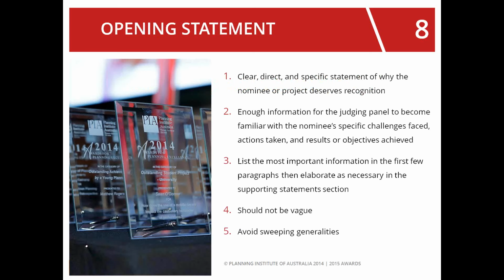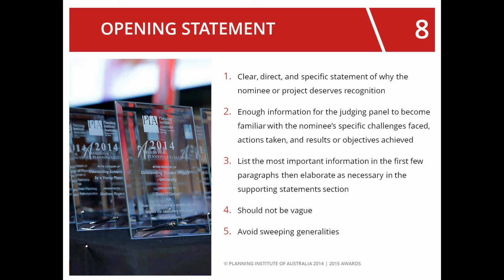Some things to think about when preparing your written component: make sure that you've got a clear, direct and specific statement of why the nominee, if you're nominating under the people categories, or the project deserves recognition, providing the judging panel with enough information that they can become familiar with the specific challenges, actions and results or objectives achieved with a particular program.